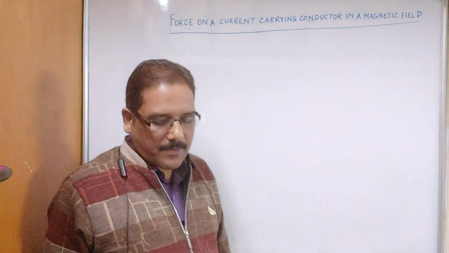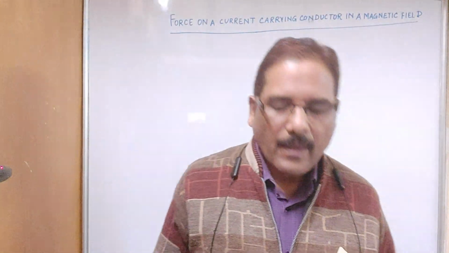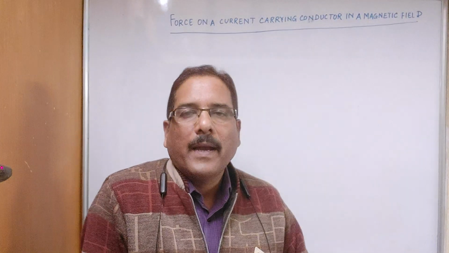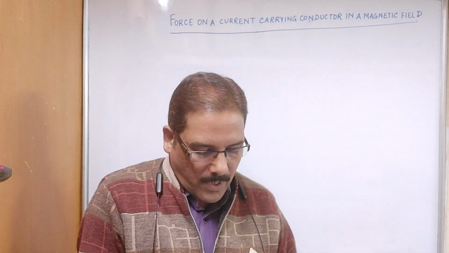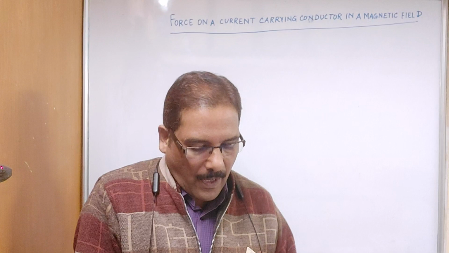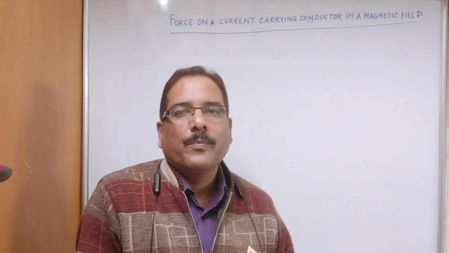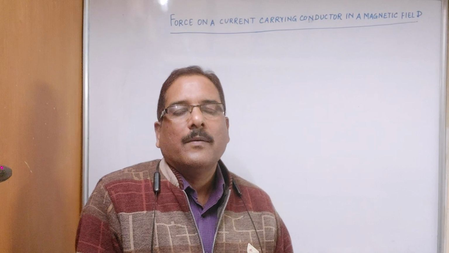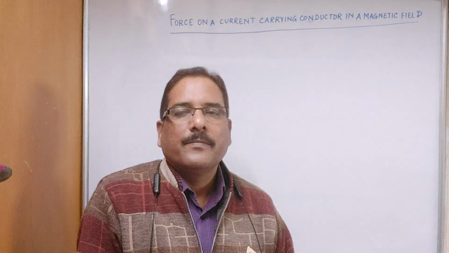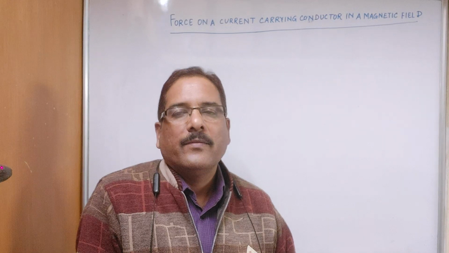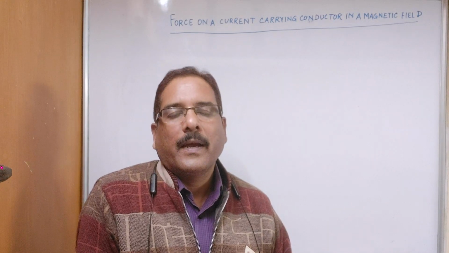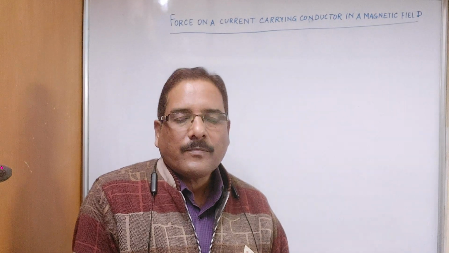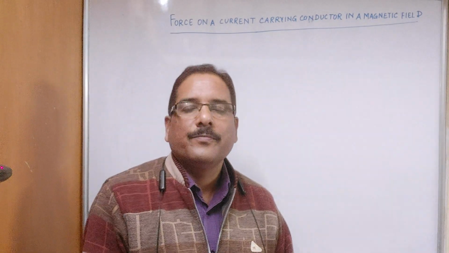Now, so far we have seen that when current flows through a conductor, a magnetic field is produced around it, and the field so produced exerts a force on a magnetic compass needle placed near it, and there will be a deflection in the compass needle, or it can deflect a magnet also.